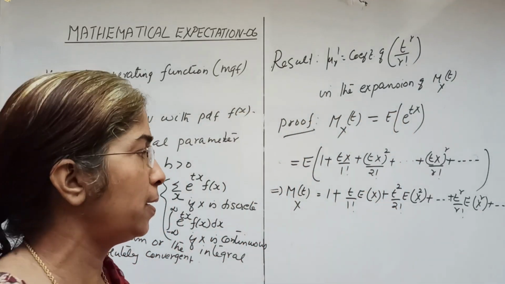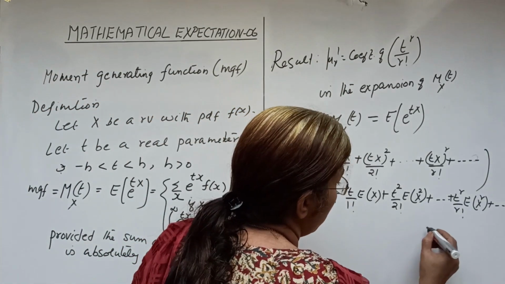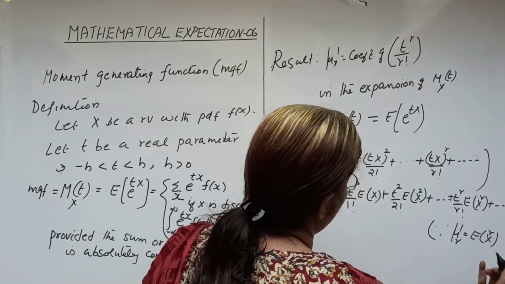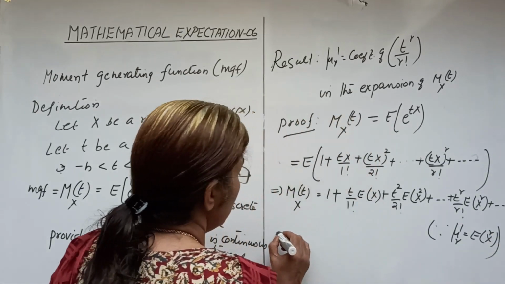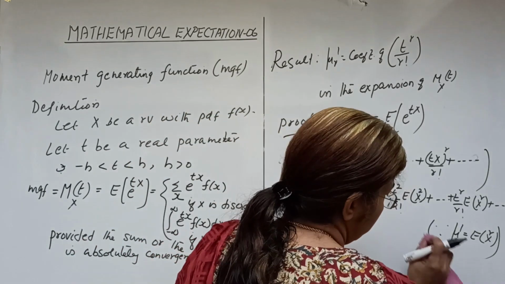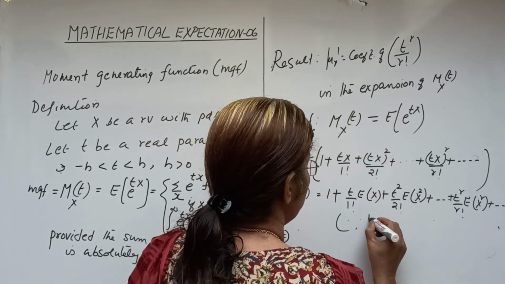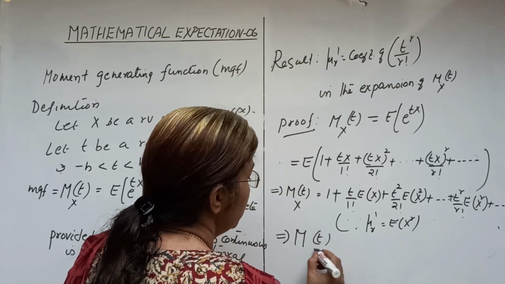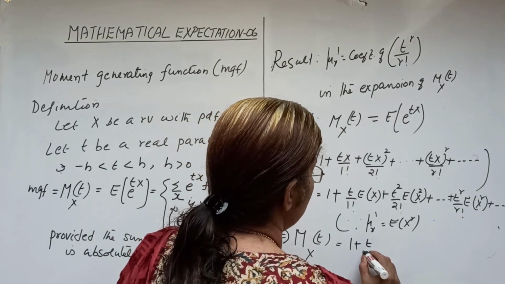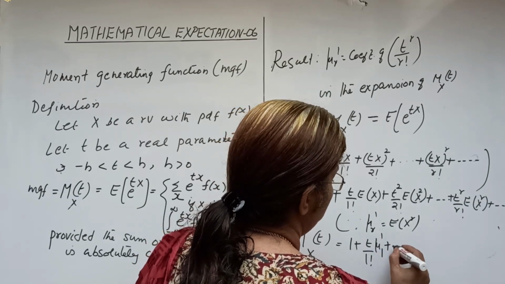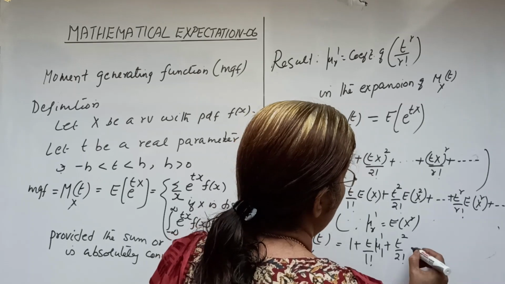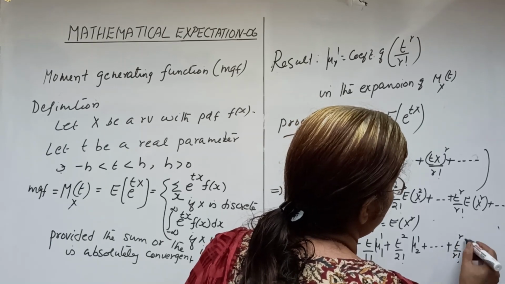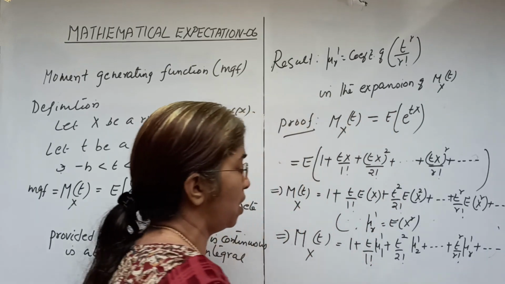Since mu r dash equals the expectation of X raised to r, we get M_X(t) equal to 1 plus t by 1 factorial mu 1 dash plus t square by 2 factorial mu 2 dash plus etc., plus t raised to r by r factorial mu r dash plus etc. up to infinity.